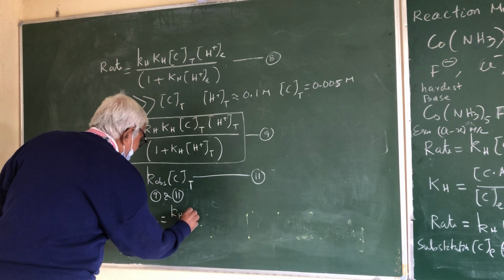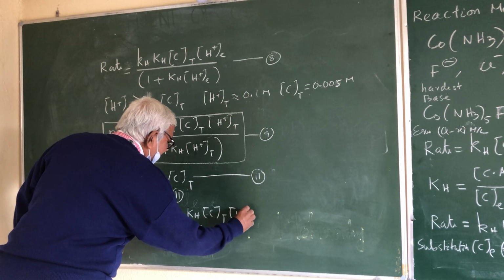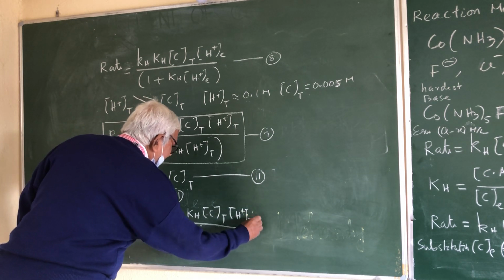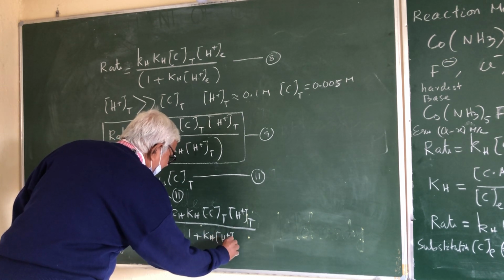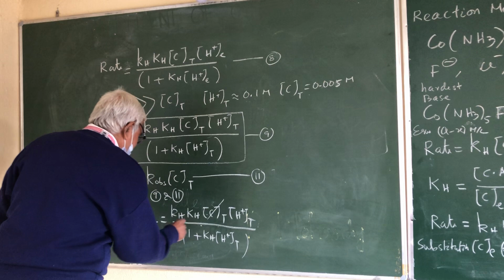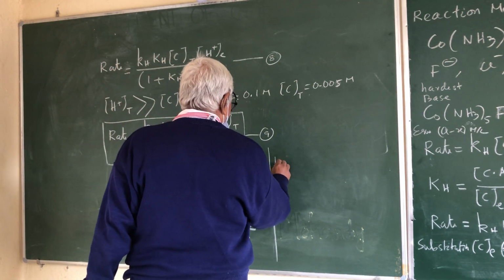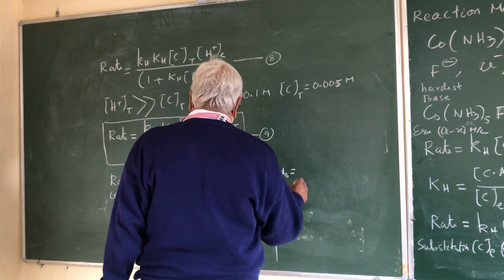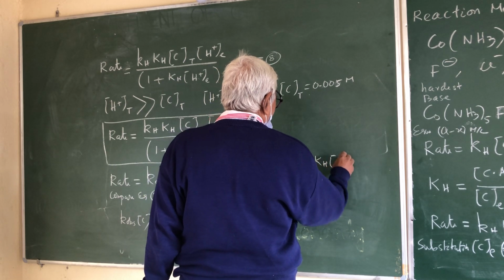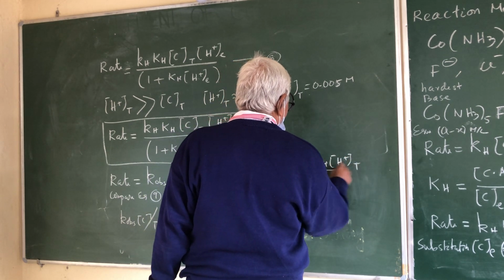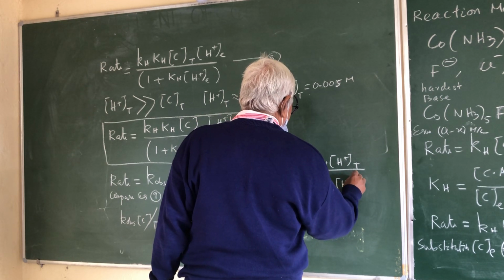is equal to kH into complex total into hydrogen ion total by 1 plus kH into hydrogen ion total. So complex total cancels, and k observed will be equal to kH into hydrogen ion total by 1 plus kH into hydrogen ion total.